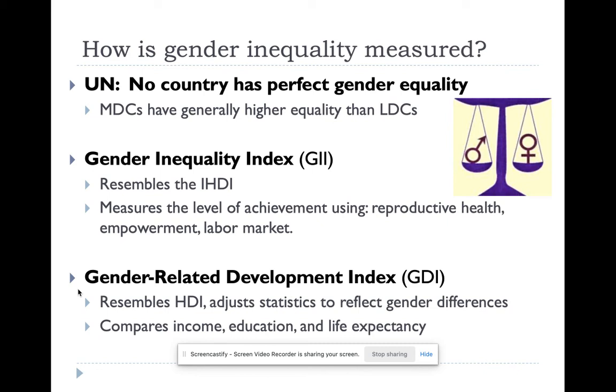So how do we measure this? We have the GII, which is a lot like the HDI, except it just compares men and women in terms of their level of achievement using reproductive health, empowerment, labor market, stuff like that. And then there's the GDI as well, which looks like the HDI, but it compares the statistics in each country, breaks them down between males and females, and if there are vast differences between males and females, then you get a lower score.